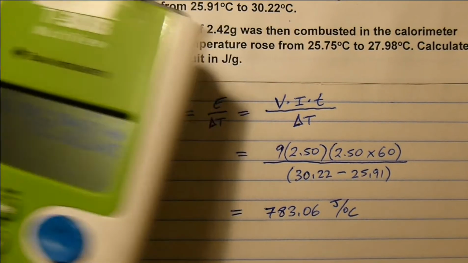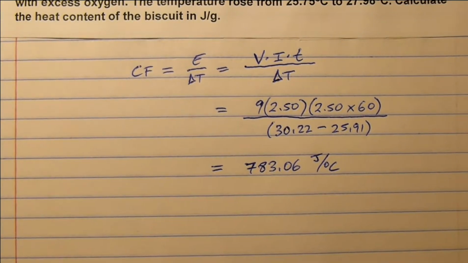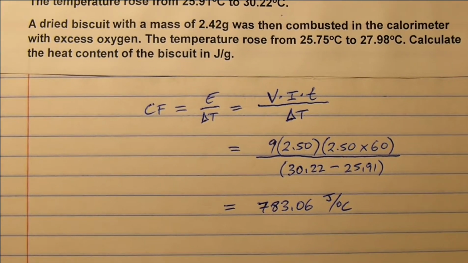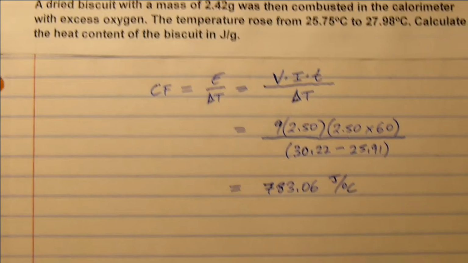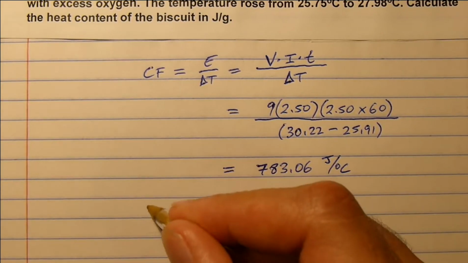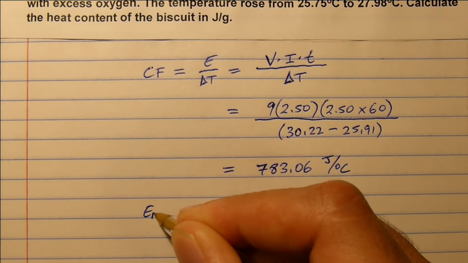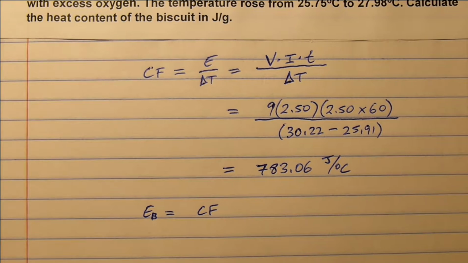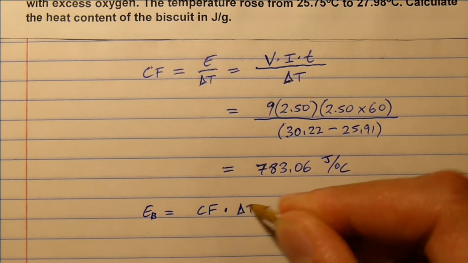Okay, so once I have this calibration factor, I can then work out the amount of energy that was released when this biscuit was combusted. So the energy of the biscuit is equal to the calibration factor multiplied by the temperature rise.